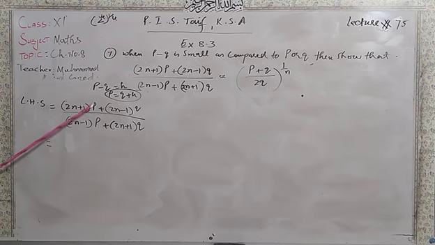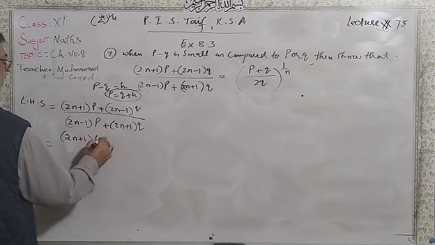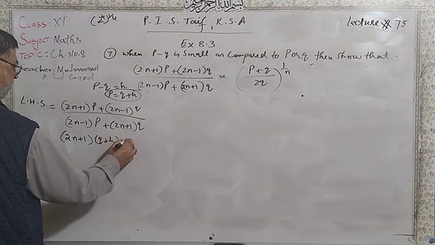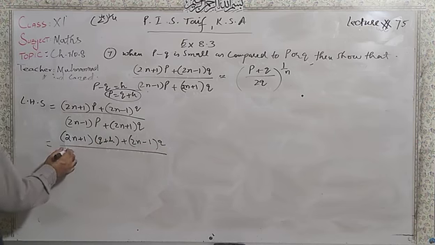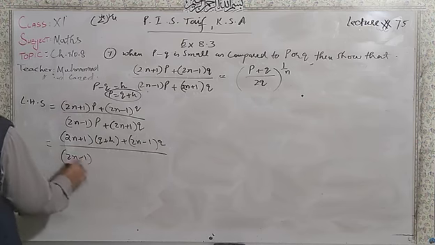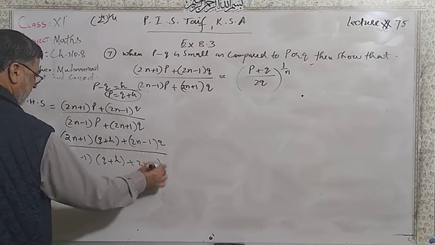Here, P is equal to Q plus H: (2n plus 1) into (Q plus H) plus (2n minus 1) into Q. Similarly, (2n minus 1) into (Q plus H) plus (2n plus 1) into Q.